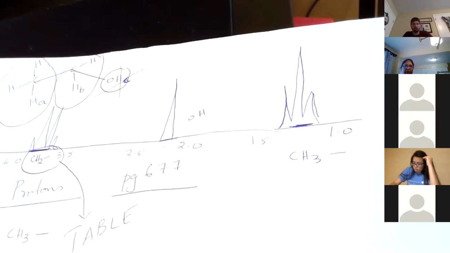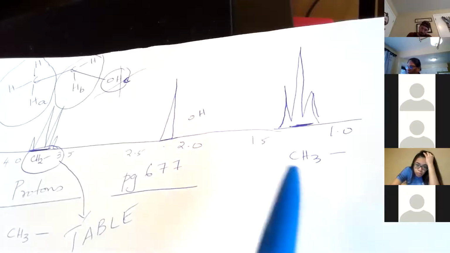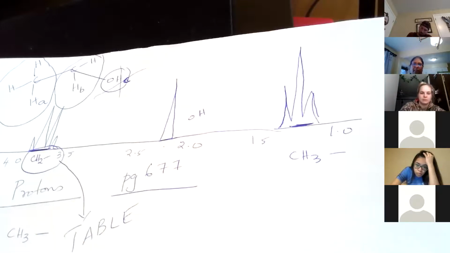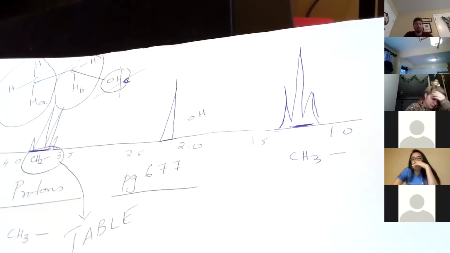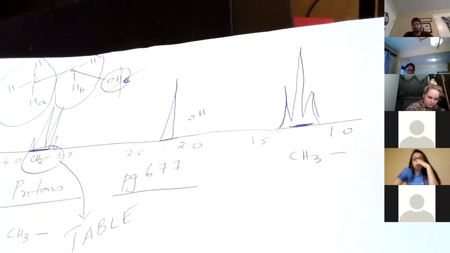Chemical shifts are given in your table. The CH2, a certain range. A CH3, a certain range. OH, like we said, anywhere between 2 and 5. Aldehyde H, close to 10. In that range, you will show the splitting pattern. And so your ethyl alcohol should look like that.